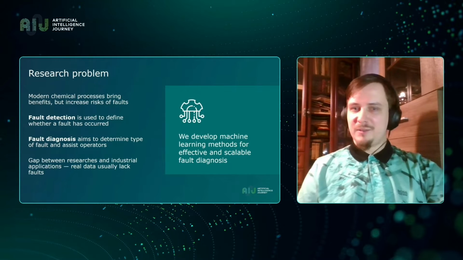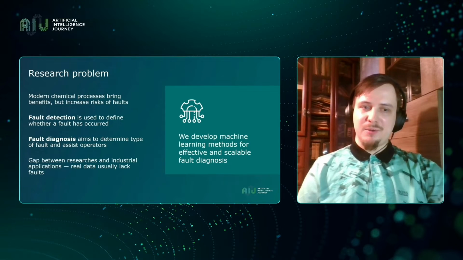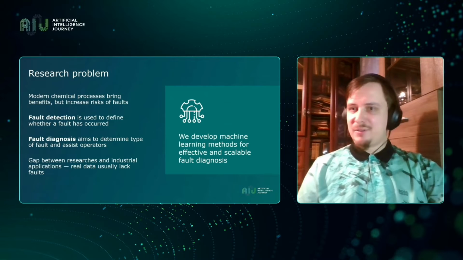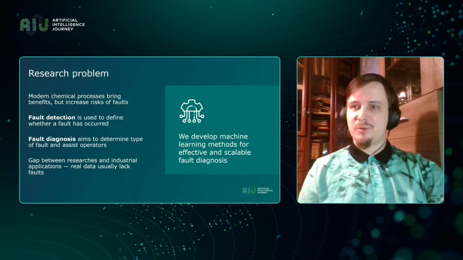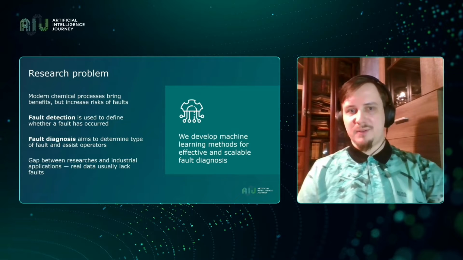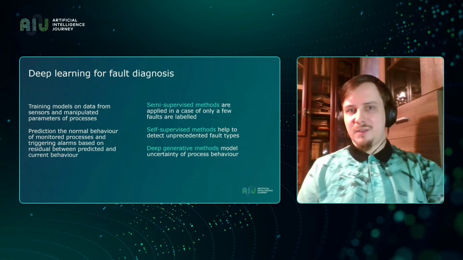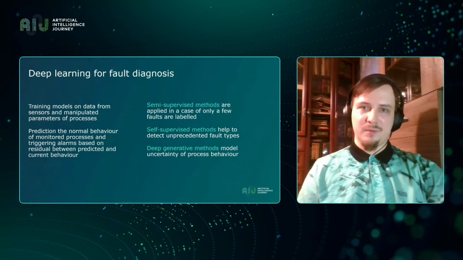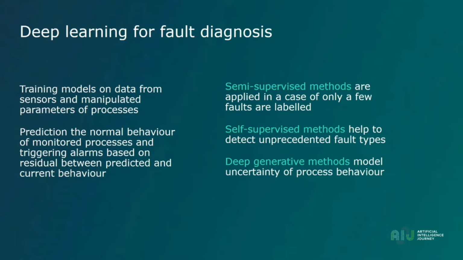And from the standpoint of research, it's a very great thing to look into, because it's somewhere between industry and research. On the one hand, there are not many open data, and on the other hand, it turns out that traditional methods that are usually used to detect and diagnose faults can be used in industry. For instance, our research group within the Institute is working with deep learning in order to diagnose faults.